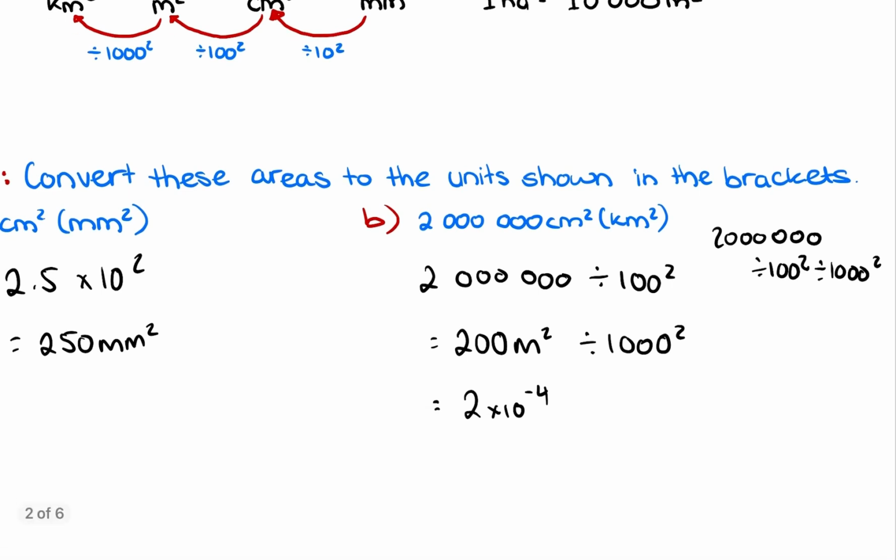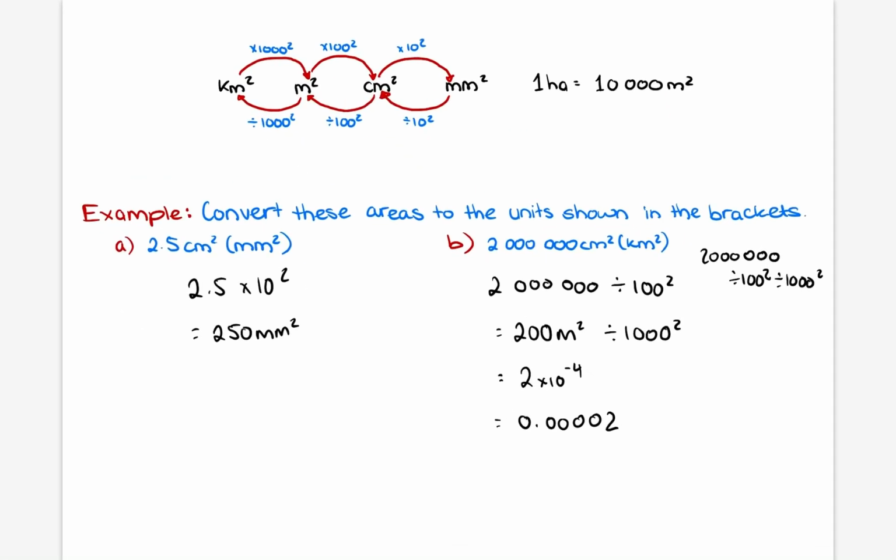Okay, and what that just means is that I'm going to have 0 point, then 4 zeros, which is what that -4 is, and then 2 will be my final number. So if you get anything like that, the number up here just tells us how many decimal places we're going to. And that is how we convert units of area and how we do them in multiple steps.